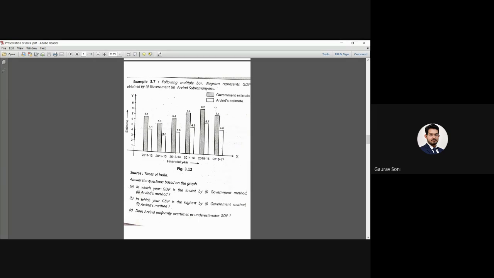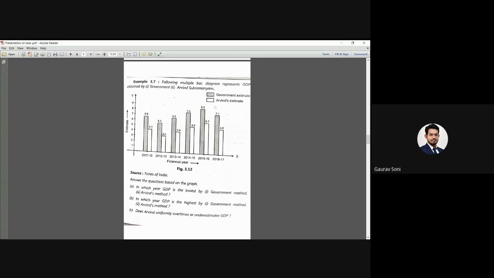Both of them have represented their GDPs for the financial years 2011-12, 2012-13, 2013-14, and in a similar manner up to 2016-17. So this is the data, and there are some questions depending on the data. Of course, those are very easy, but still we'll go through all the questions.